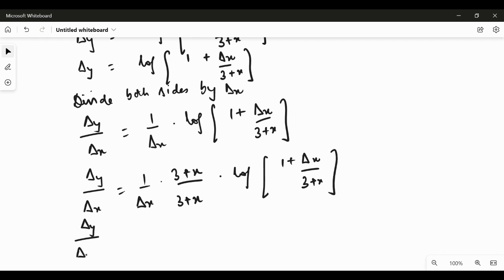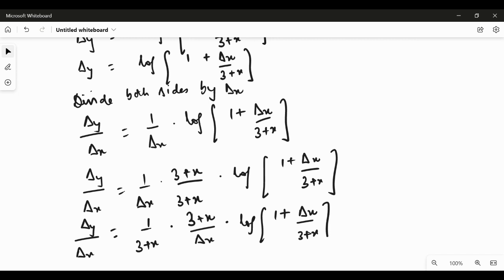And in the next step, I will just interchange the value, log of 1 plus delta x divided by 3 plus x, right? Now here I will apply another property, that is log of m power n is equal to n log m.